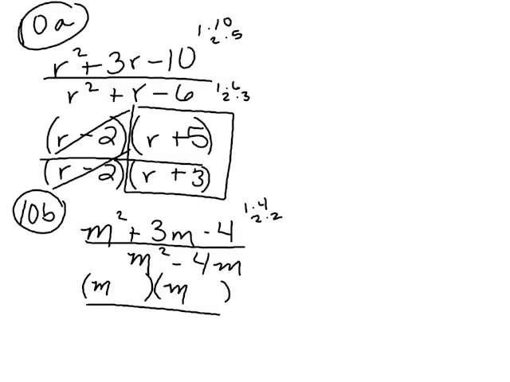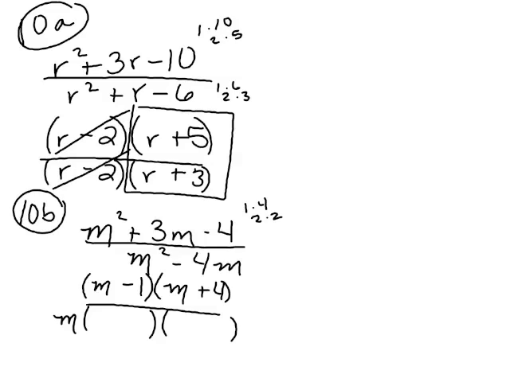I have 3m. So let's use the 1 and the 4. And I need my 4 to be the bigger number, so it's positive, and my m minus 1. Down on the bottom, m squared minus 4m, I actually probably want to pull an m out first.